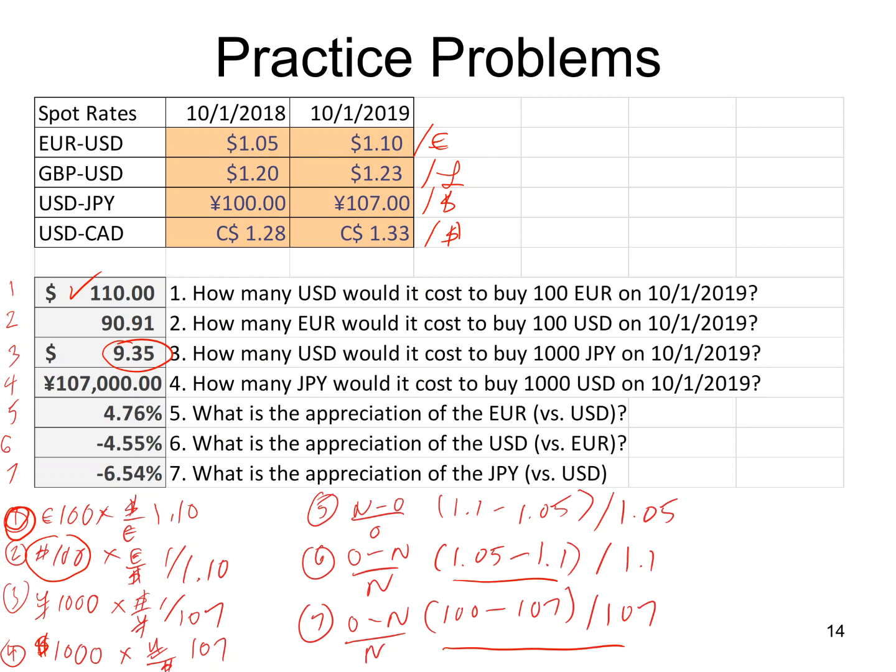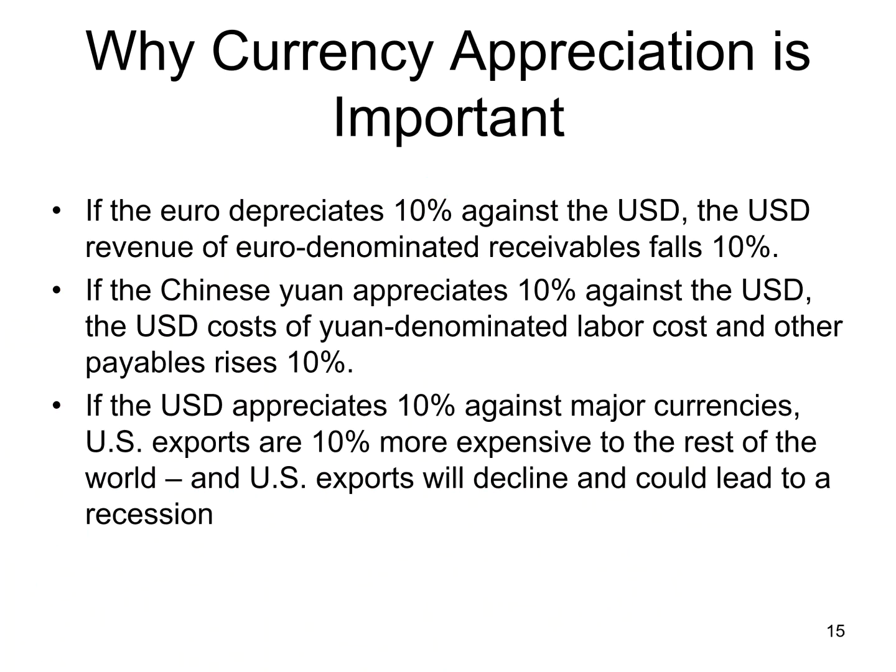Now, why do we care so much about appreciations and depreciations? Well, if the euro depreciates 10% against the dollar, for a U.S. corporation that is earning euros by selling their products in Germany and France, their dollar-denominated receivables are going to fall 10%.